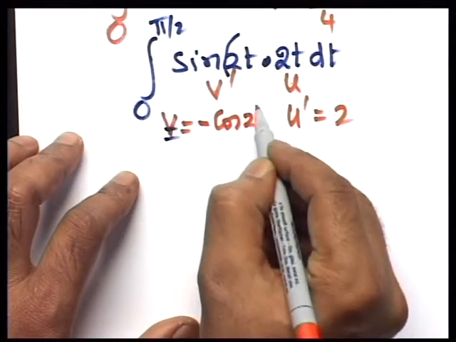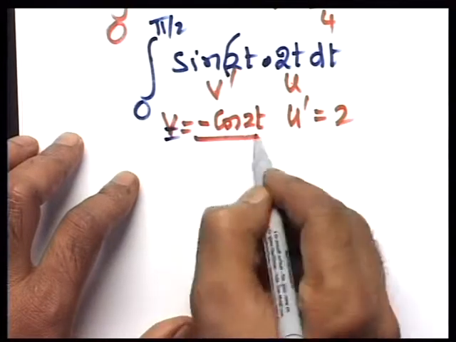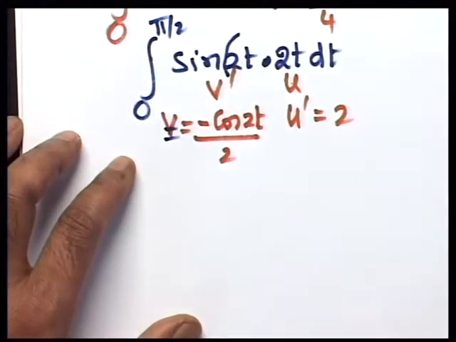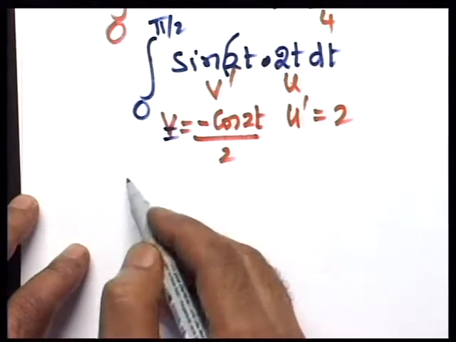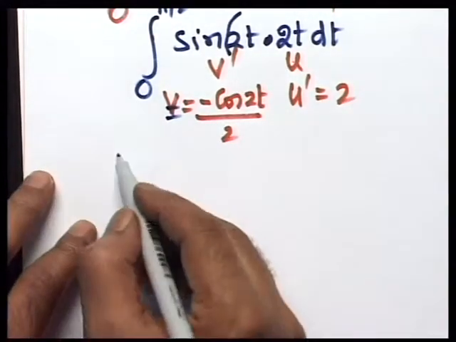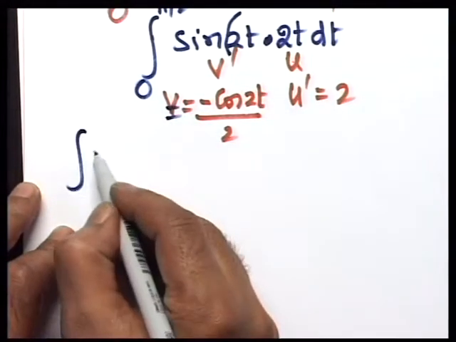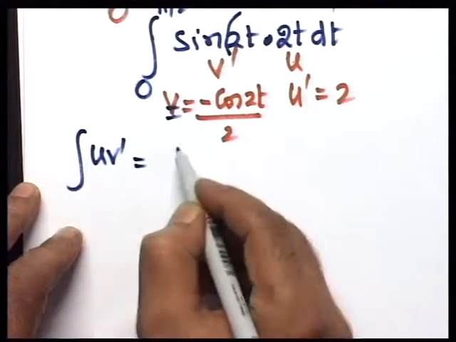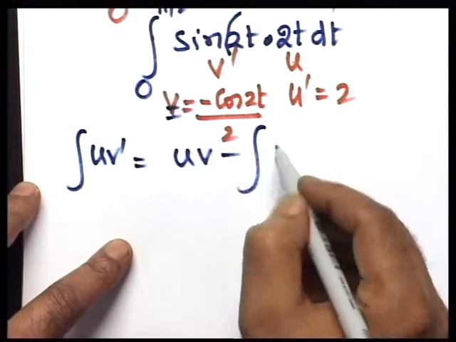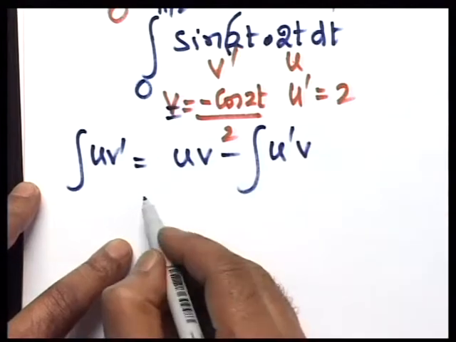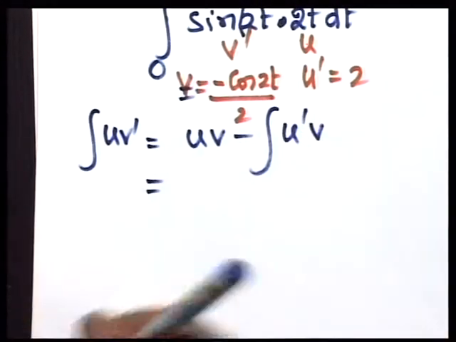Do you remember that? Minus cos 2t divided by 2, chain rule. So the answer should be uv minus integrate u dash v. If we are able to do that, we are through.